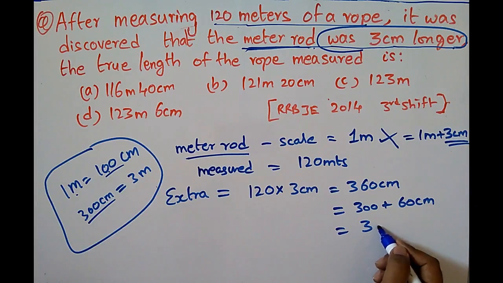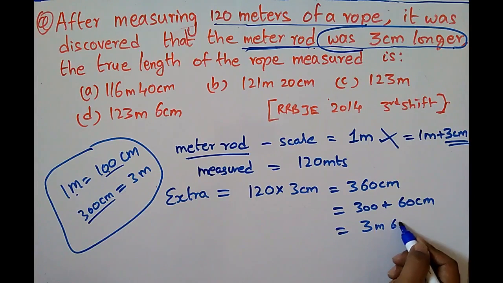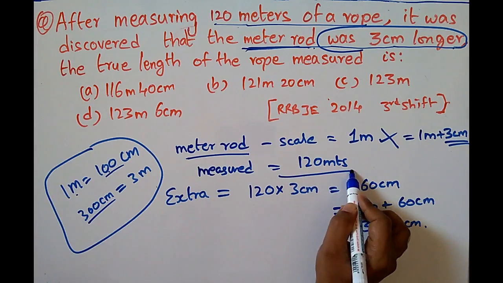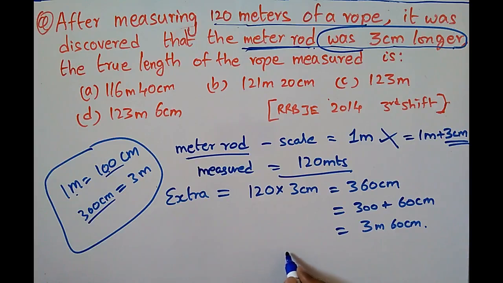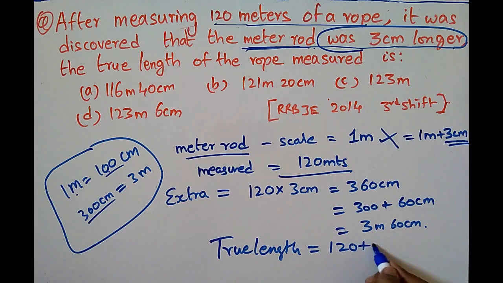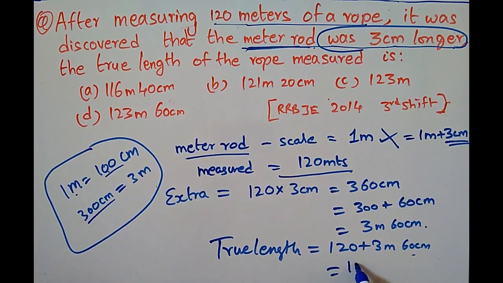Here 3 meters and 60 centimeters. They have already measured 120 meters. The true length is 120 plus 3 meters 60 centimeters, which is nothing but 123 meters 60 centimeters.